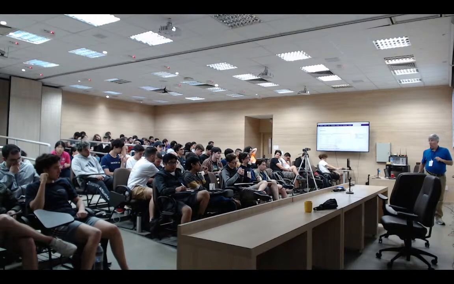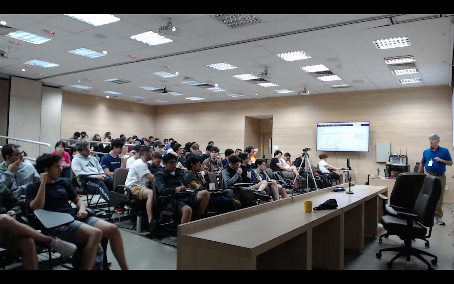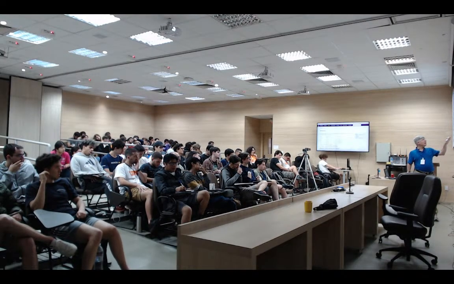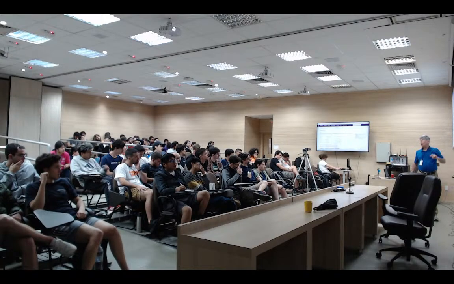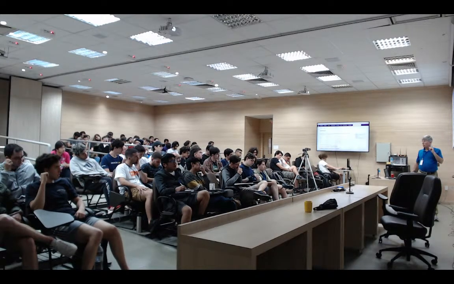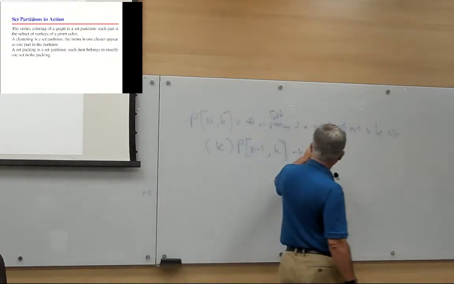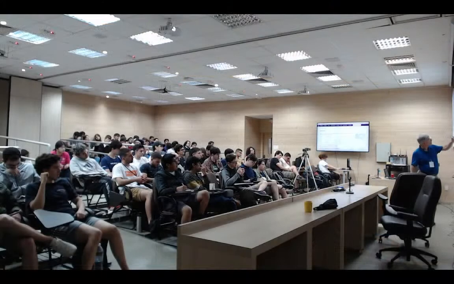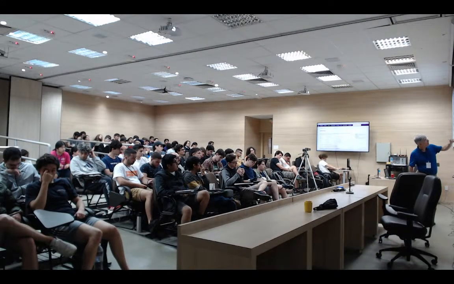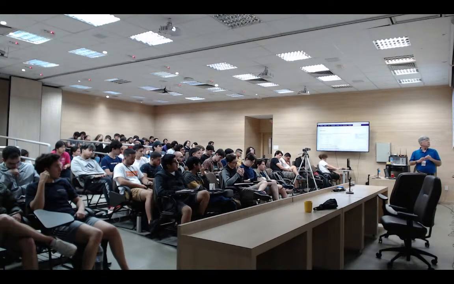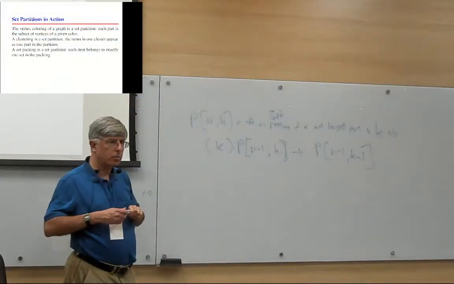This is when you put the nth element in an existing set. The other possibility is that the nth element is going to form its own group, right? How many ways are there of doing that? Okay, does everybody see what the idea here is?